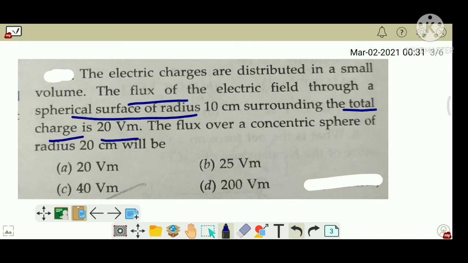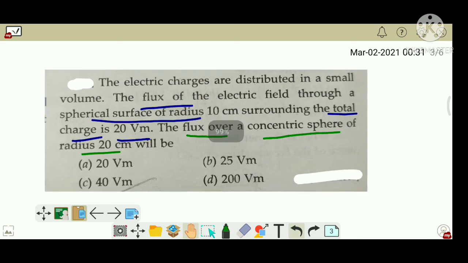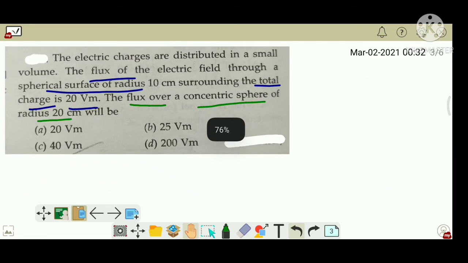We have to find the total flux over the concentric sphere of radius 20 centimeter. First the radius of the Gaussian surface was 10 centimeter, now it has changed to 20 centimeter, but the charge enclosed remains the same.